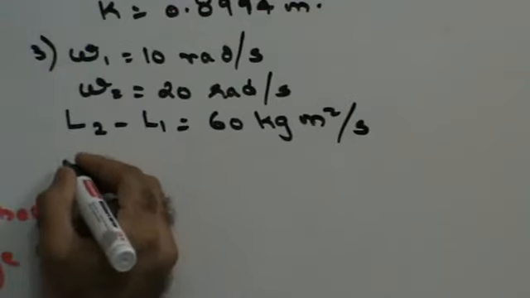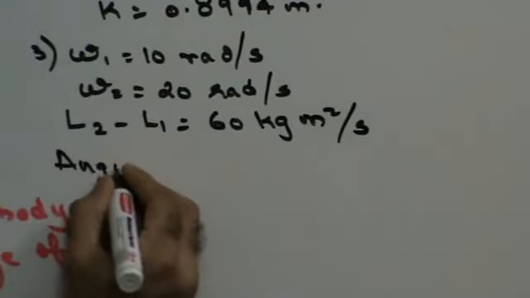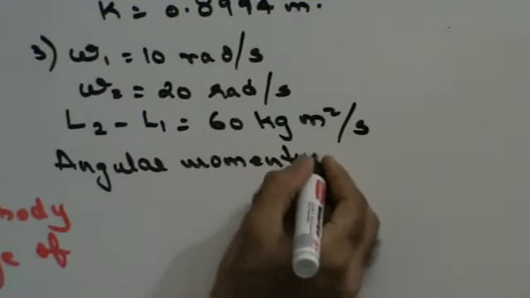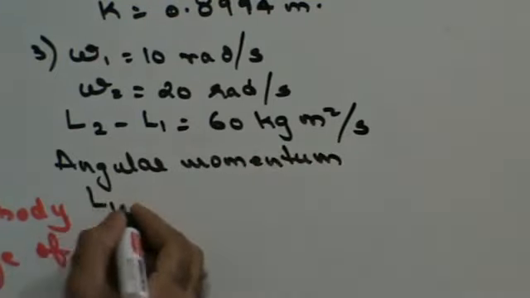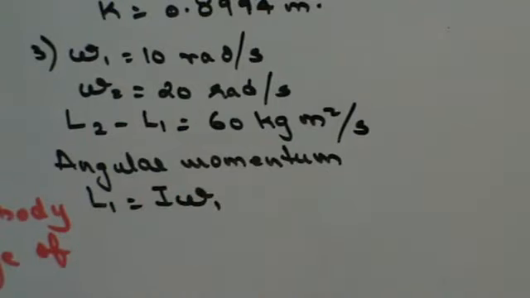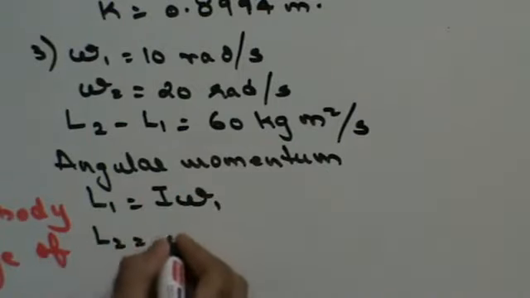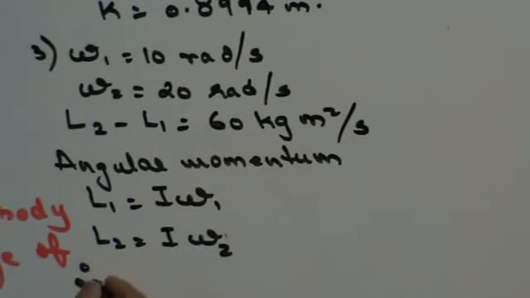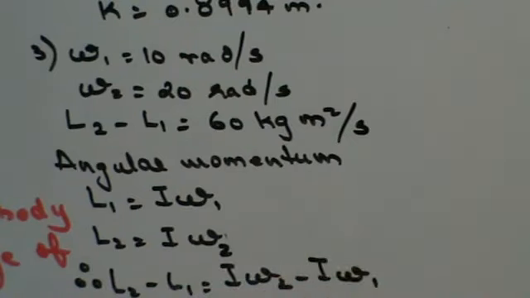Now guys, angular momentum L1 can be written as I omega 1. Similarly, L2 can be written as I omega 2. Therefore, L2 minus L1 will be nothing but I omega 2 minus I omega 1.